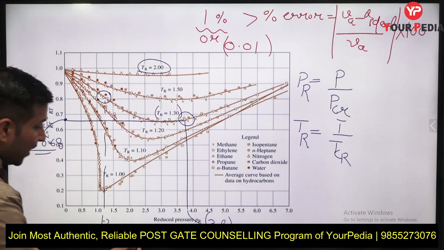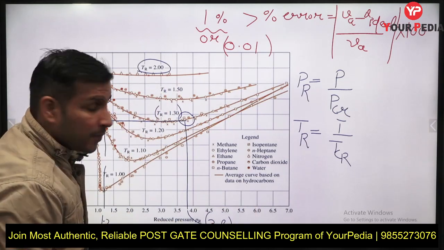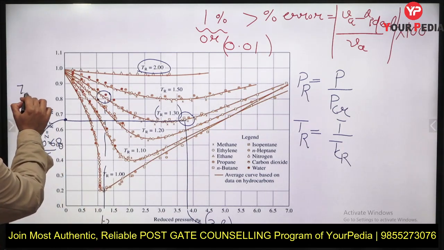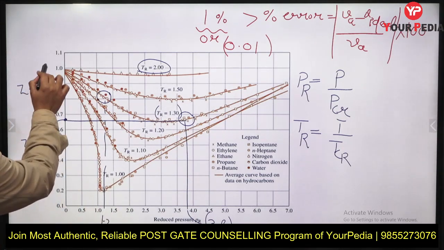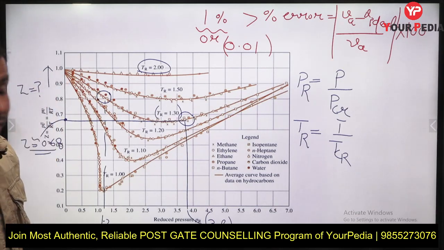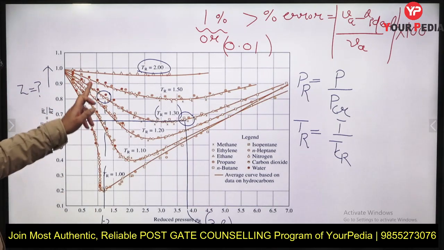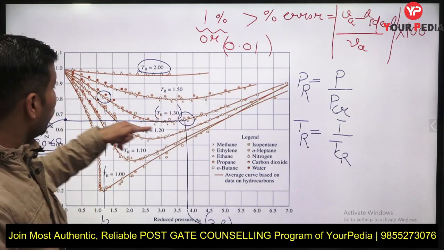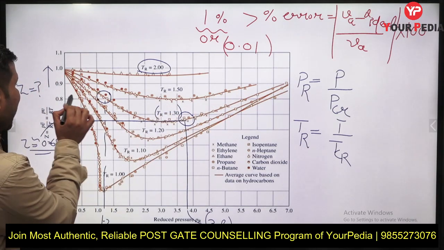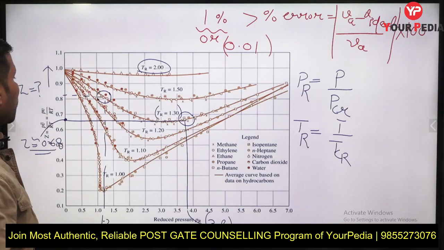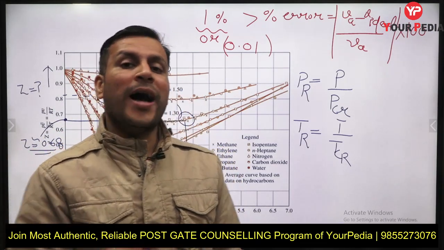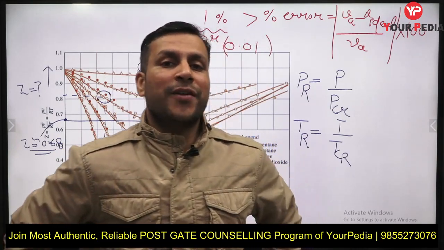On the x-axis you have reduced pressure, and on the y-axis you have the compressibility factor Z. Got the point? So the reduced pressure for these gases is almost the same, 1.2, and the reduced temperature is also almost the same, close to 1.3, and at that same reduced temperature and reduced pressure, their Z comes out almost the same. So what you need to understand is why reduced temperature and reduced pressure are defined.